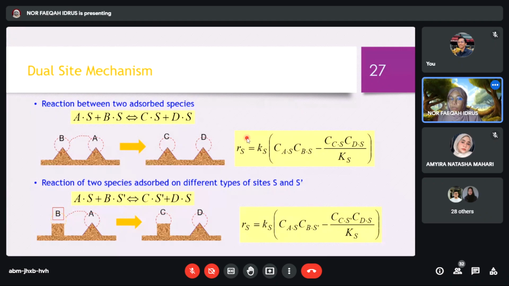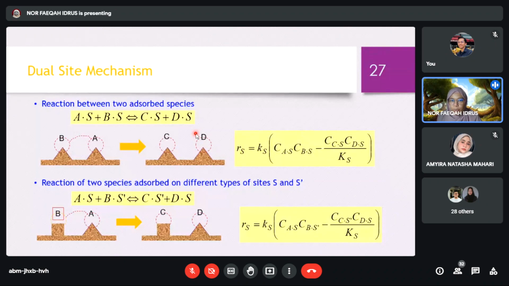If you have two adsorbed species, automatically the reaction is a dual site mechanism. That is the easiest way to determine whether it is single site or dual site. Okay, and then you produce the product.